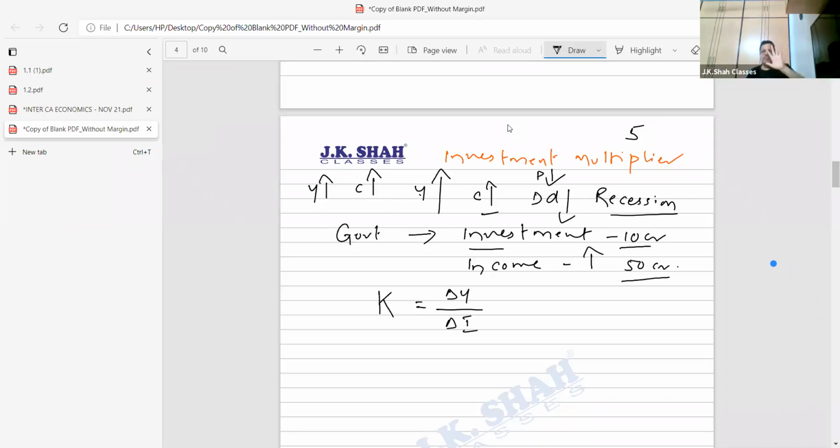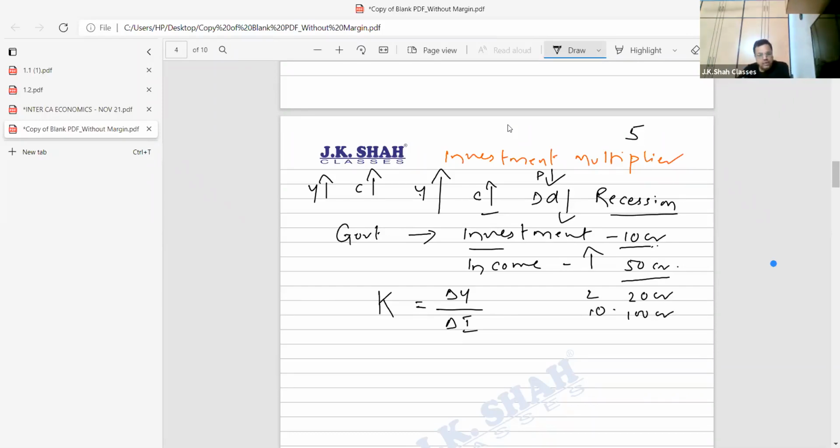So multiplier becomes 5. If the government makes investment of 10 crore, income of the people rises by 20 crore, then multiplier is 2. If income rises by 100 crores, then multiplier is 10.